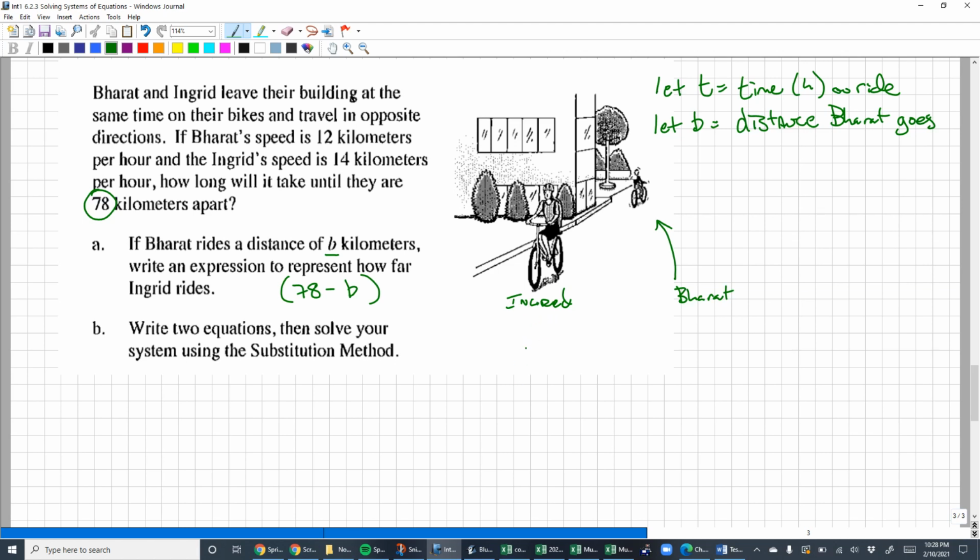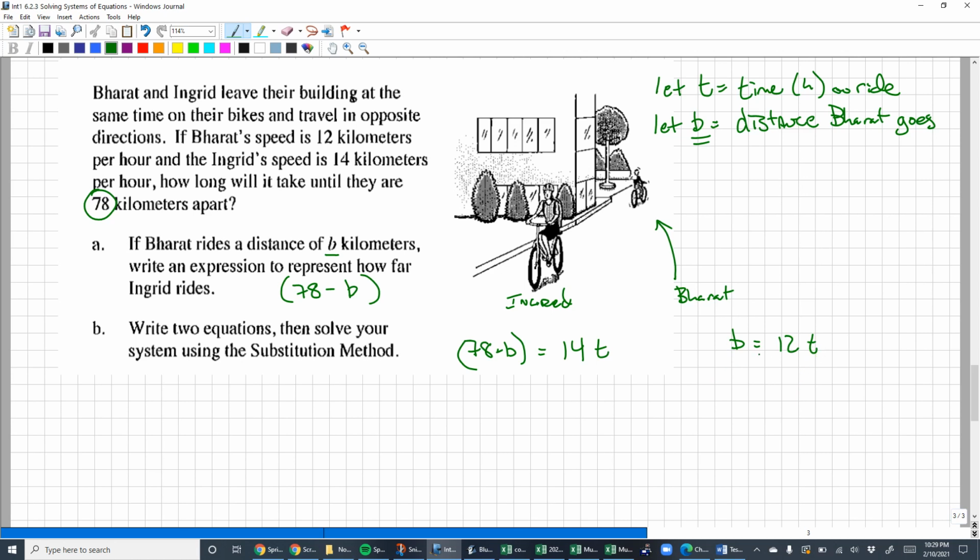So Ingrid's equation is going to have her distance, 78 minus b, is equal to, let's see, that was 14 kilometers an hour, times the number of hours she went. Cool, there's our equation. And then we have Bharat, and Bharat went a distance of b, if you remember up here. And Bharat is going 12 kilometers per hour times t, the number of hours that we've taken.